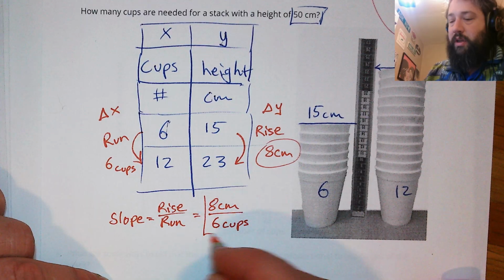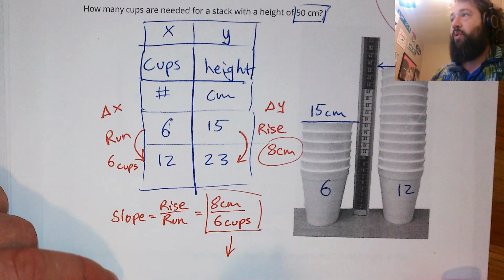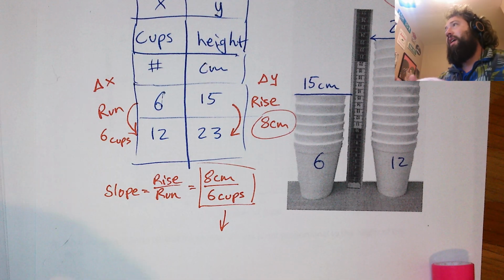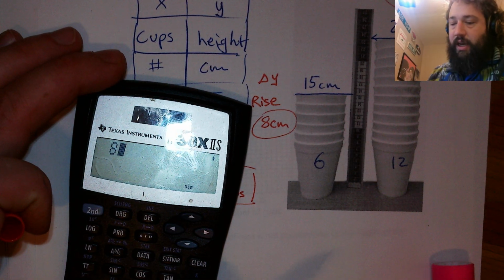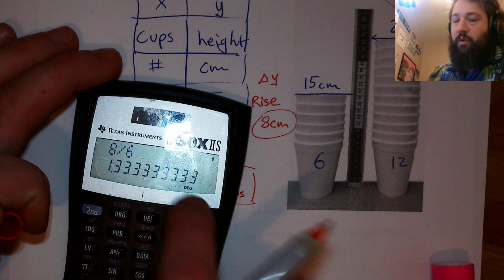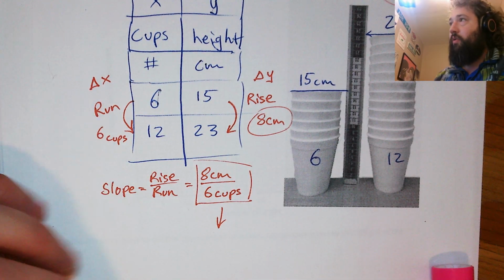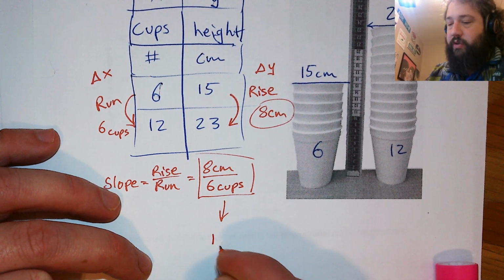If we go ahead and put this in a calculator and boil it down, we can actually see how much it's going to be for each cup I add. So if I take 8 divided by 6, I get 1.3333 repeating, or 1 1/3.